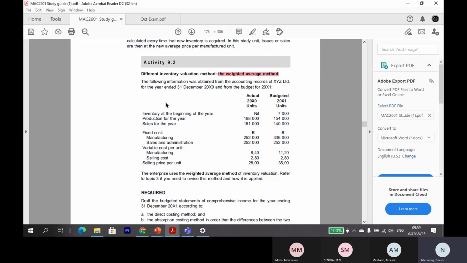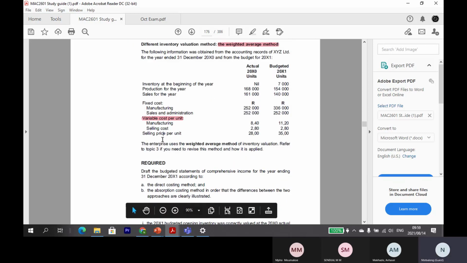Then you can already see from this that we're going to have some closing inventory. Then fixed cost, they give you manufacturing and sales admin. Then the variable cost per unit, they give you manufacturing and sales.